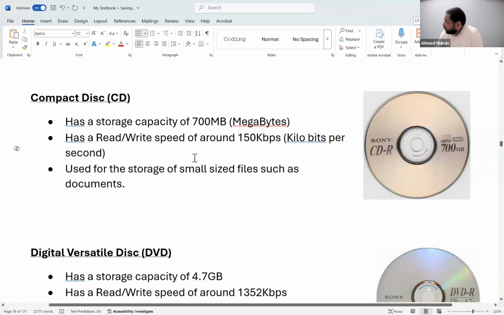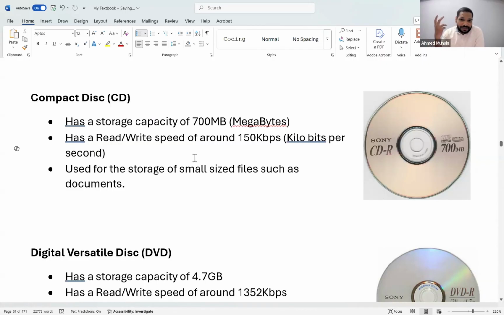That is the speed of a CD. Then typically what do we use a CD for? Small sized files. Word documents, PDF documents, maybe a PowerPoint presentation, an ebook. For small sized files, you would use a CD.